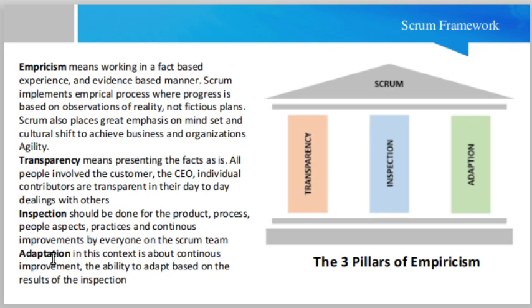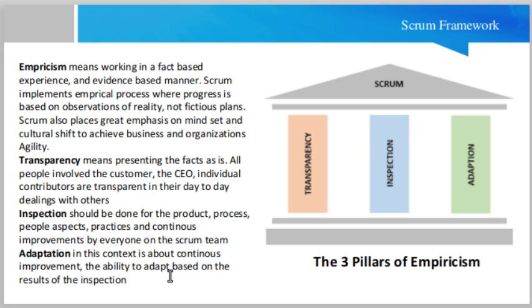Then adoption. Adoption is another pillar, which is about continuous improvement, the ability to adapt based on the results of the inspection. Whenever we showcase our work to the customer or product owner, whatever feedback we get and whatever changes are required, we shall adapt accordingly.